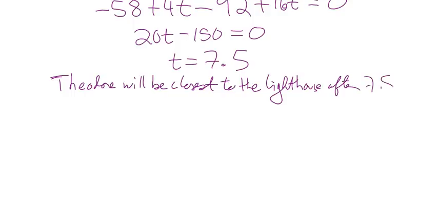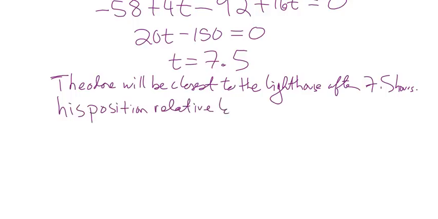His position relative to the harbor is, okay, so what's Theo's position vector relative to the harbor?